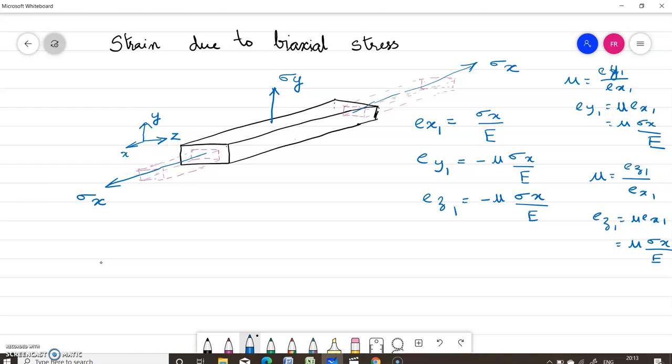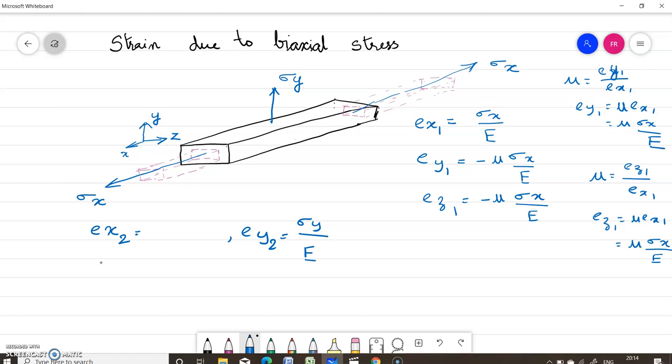Now, we can write what is the strain in the x direction due to the stress in the y direction, Ex2. Ey2 is equal to stress in the y direction divided by Young's modulus of elasticity.